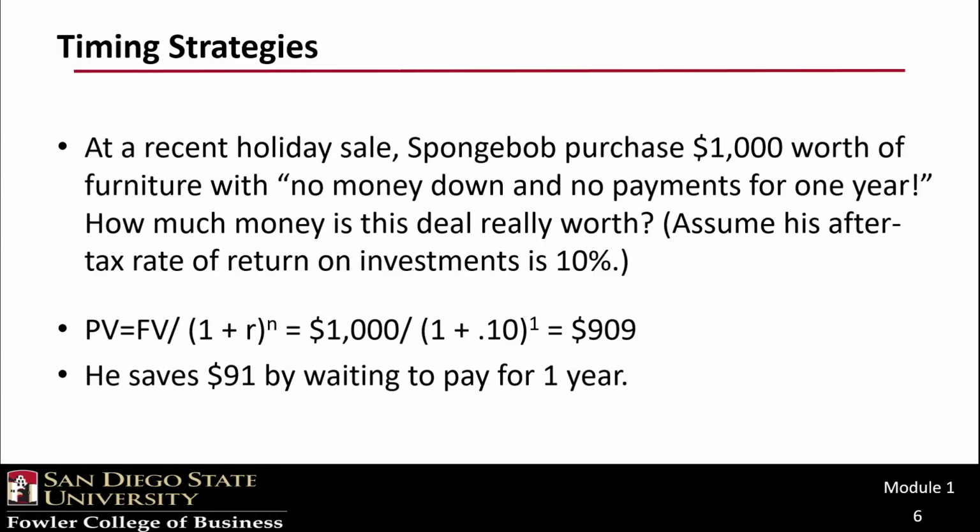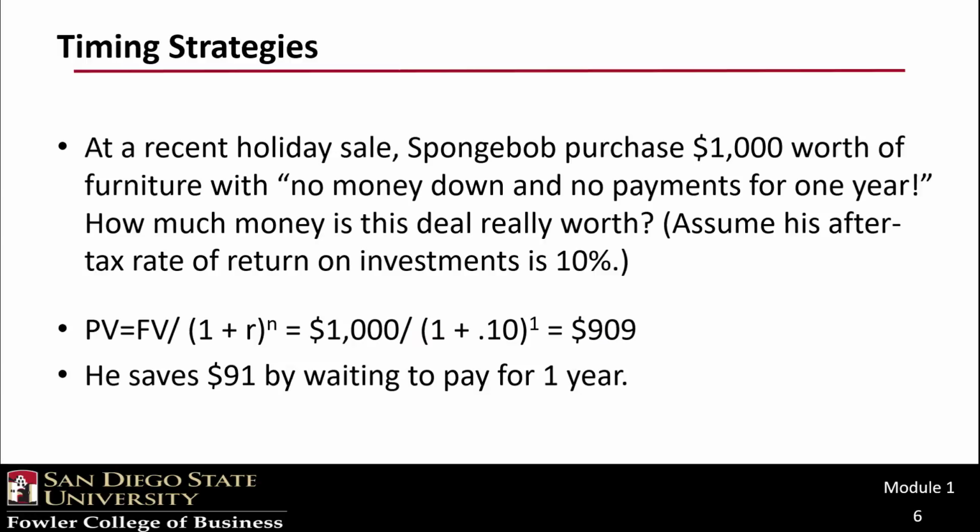At a recent holiday sale, SpongeBob purchased $1,000 worth of furniture with no money down and no payments for 1 year. So how much money is this deal really worth if we assume SpongeBob's after-tax rate of return is 10%? Well, we can determine what is the present value of $1,000 a year from now. And you can see that it's $909.